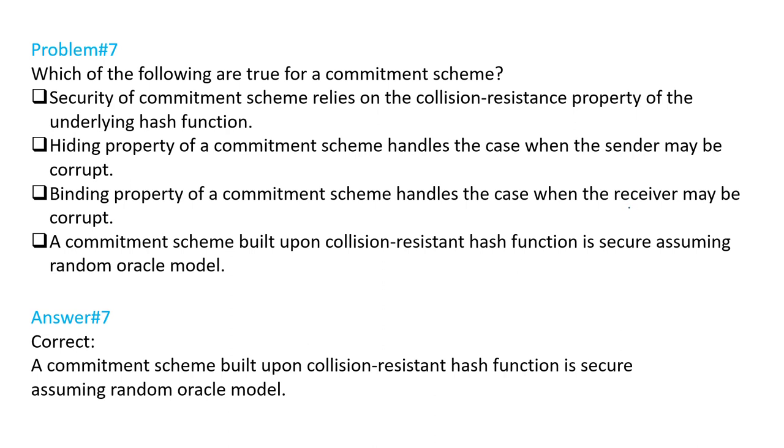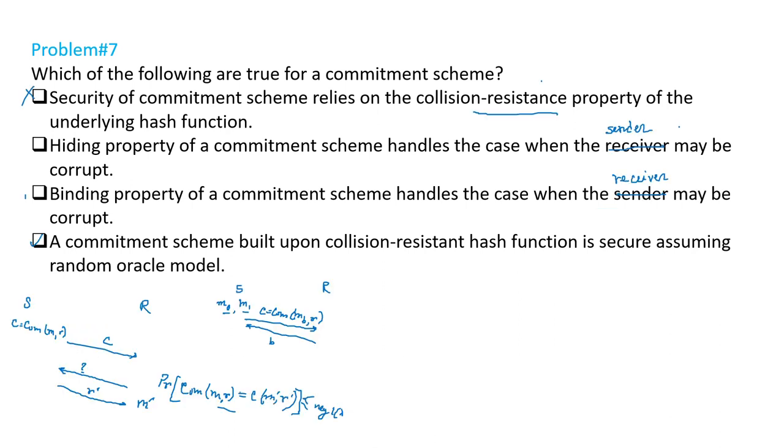So this statement is wrong. The binding property is handled when the sender is corrupt, and the hiding property is handled when the receiver is corrupt. That is why these two statements are incorrect here, and in the answer the only correct statement is the fourth one. Okay, now it is okay.